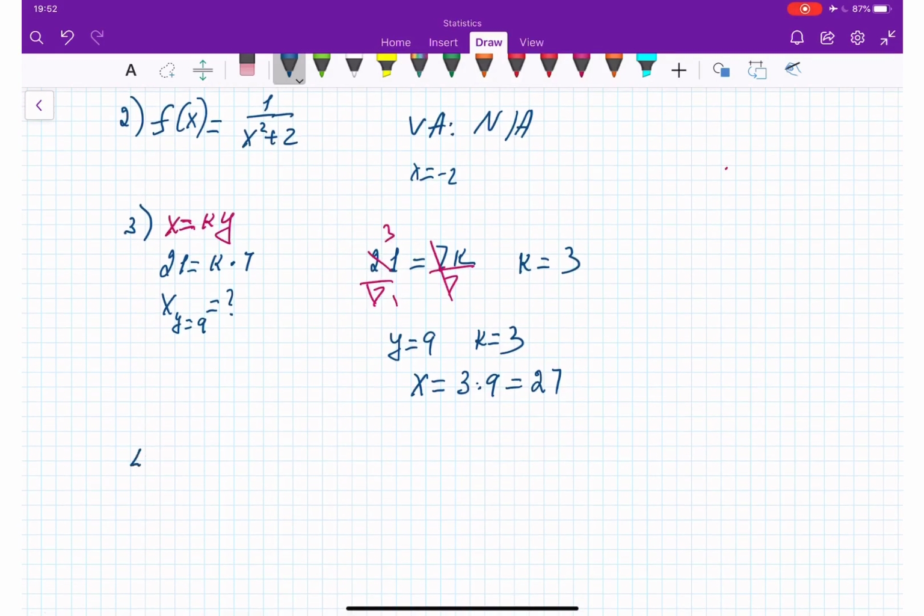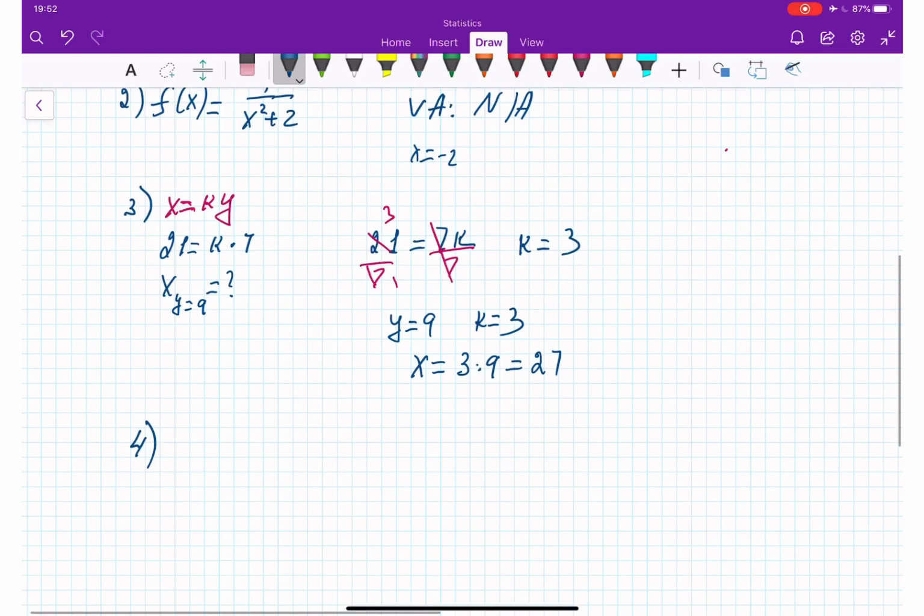Question number 4. Suppose r varies directly as the square of m, and inversely as s. So r equals k m squared over s.